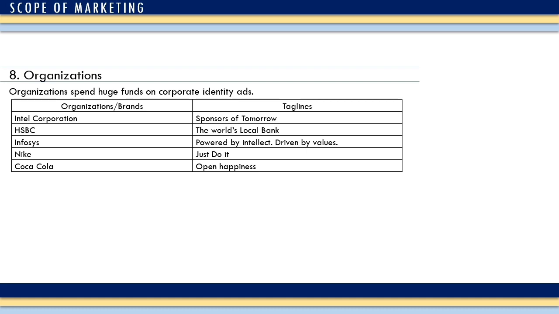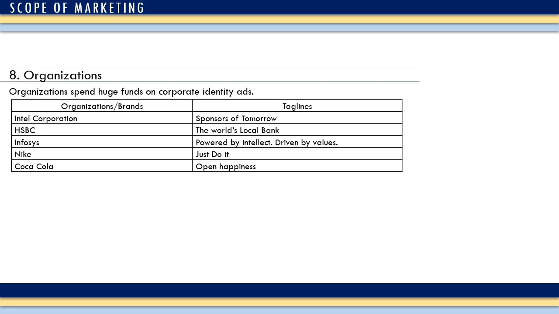So no matter what kind of product Tata launches in the future, people will close their eyes and blindly buy it, because they trust the organization, they trust the leadership. So that's what organization marketing is all about. It's about brand building, it's about earning the loyalty and trust of people, right?